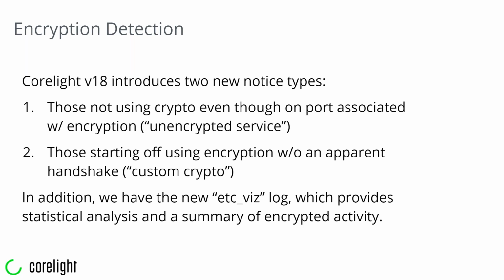So by doing a statistical analysis of traffic, let's say on port 443, if we identify traffic that we would normally expect to be encrypted beyond that initial handshake, and in this case, let's say we see all clear text, that is something that is worthy of investigation, and we'll raise a notice identifying that as an unencrypted service. In other words, a service that should have been encrypted but was not.